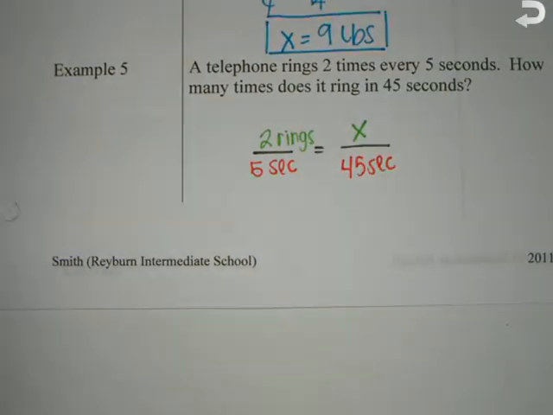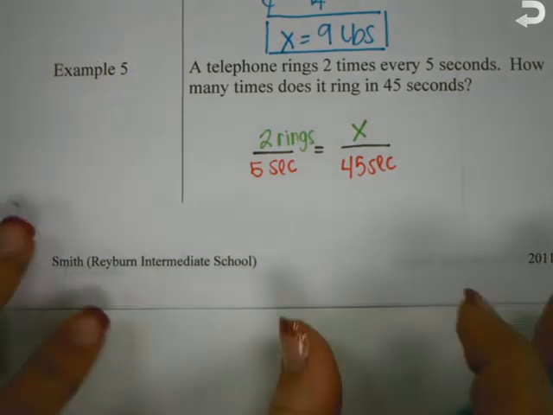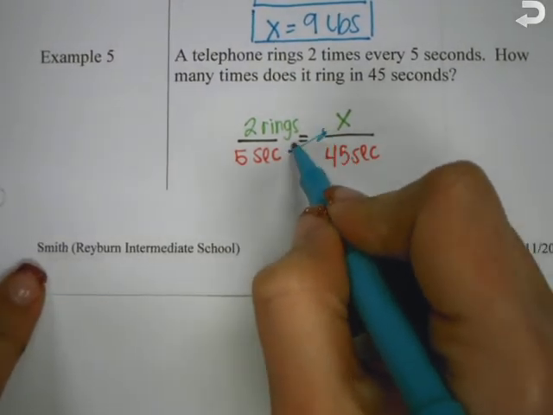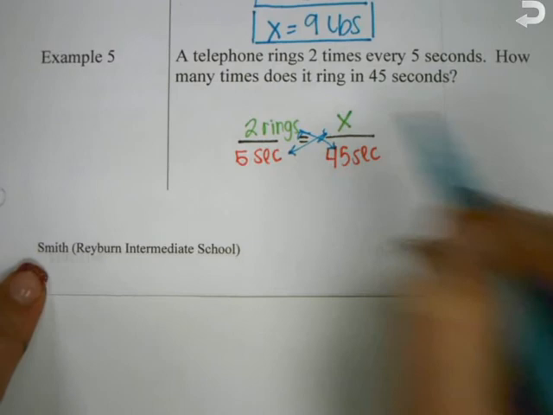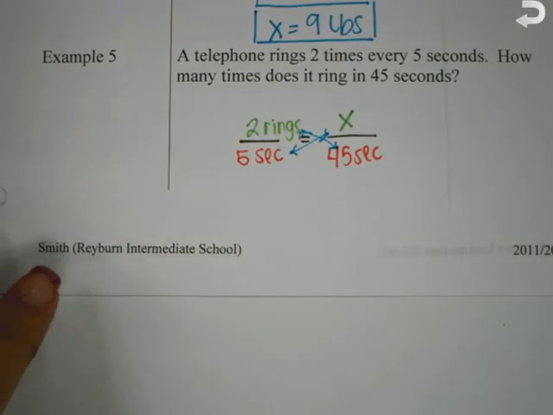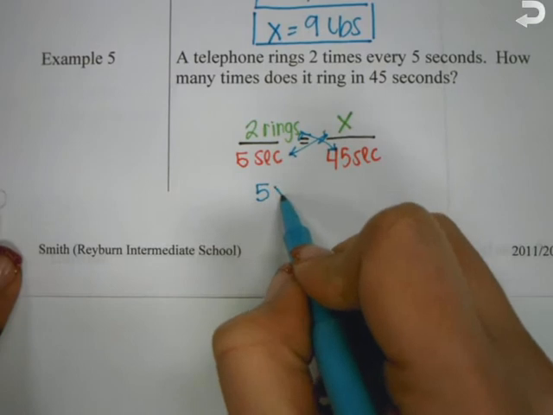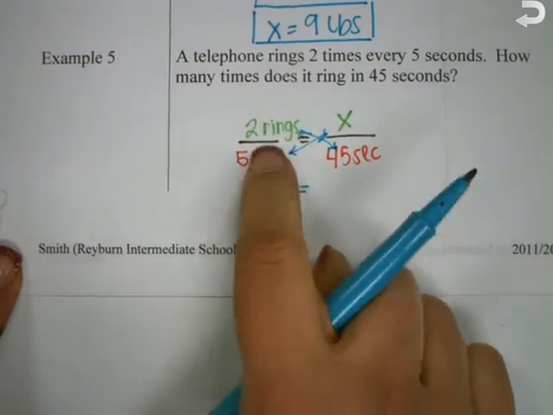What do we call that, guys? Cross multiply. Good. So that's 5x equals 2 times 45? 90. Okay, and then what is my last step? Caleb. Divide by 5. So I get x equals 18.